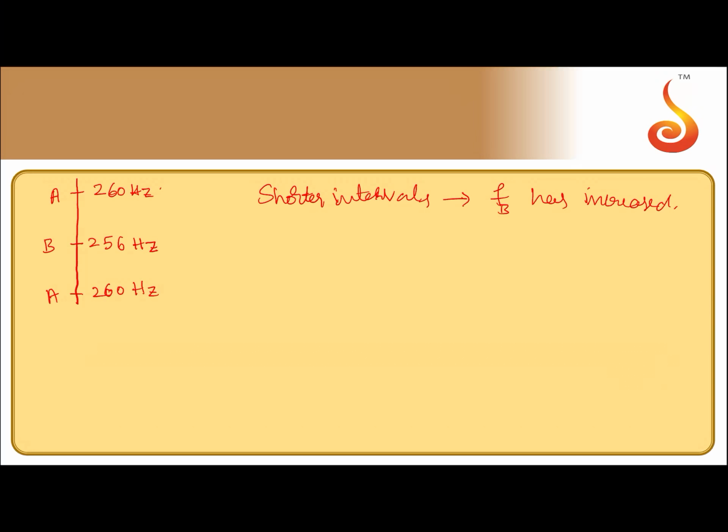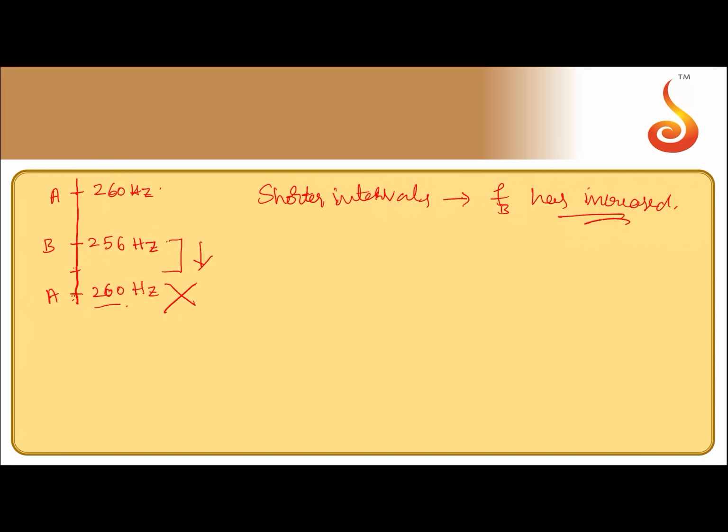Now let us check the situation. If A is 260 Hz, then on filing, its frequency should go close to 256, so the beat frequency would have decreased. Here it is actually increasing, so it is not the answer.